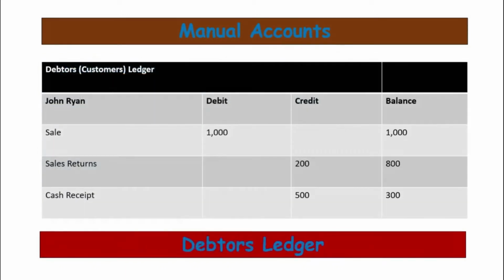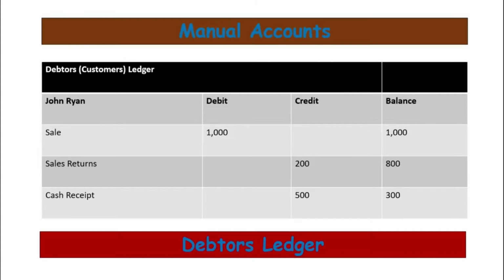So, the customer bought goods from us worth $1,000. He then returned $200 worth of the goods bought, which reduced the amount he owes to $800. Finally, he sent us a payment of $500, and this reduces the balance to $300.